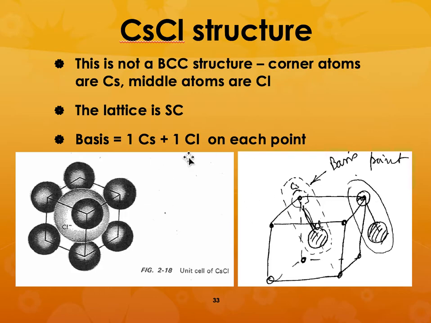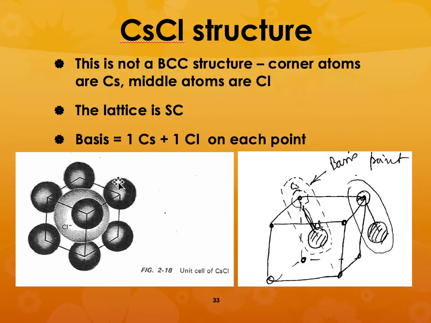You have cesium chloride. This is not really a BCC structure, although you may say that there is one center atom, it is not body-centered cubic. As I said to you, there is one lattice point in simple cubic, so each lattice point has to have one basis group. What is a basis group? The basis group is one atom of cesium and one atom of chlorine.